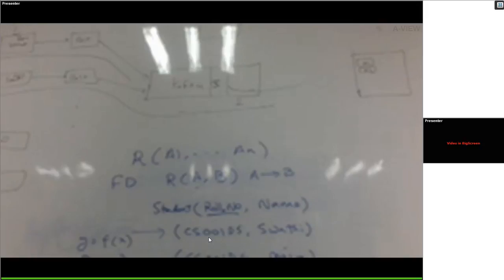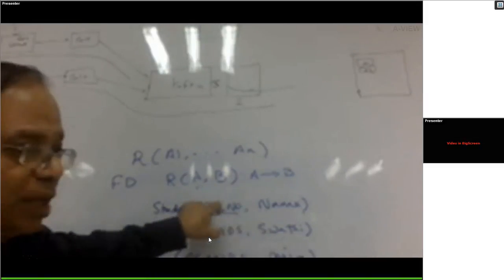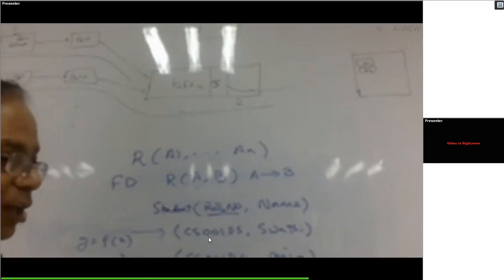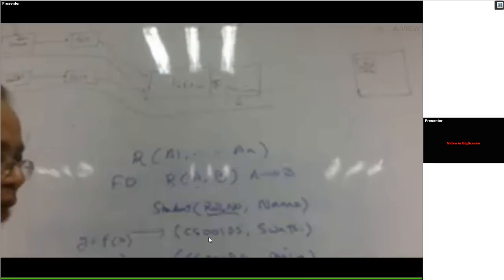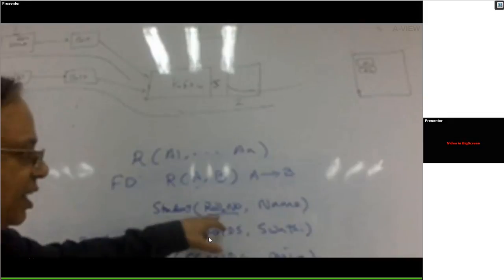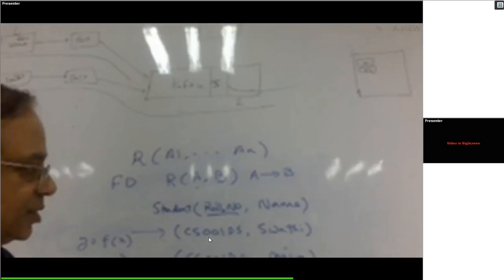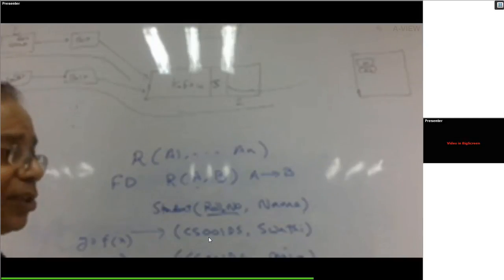If there is a functional dependency, when x takes 2, we said y equals x squared plus 1, then it's actually 5 only. If there is no dependency, when x takes the value 2, y can be 5, and when x takes 3, y can also be 5. So there is no dependency. Y takes its own value, x takes its own value. The two attributes are independent. Roll number can take its own set of values, name can take its own values. So we say there is no functional dependency between the attributes if this is the case.